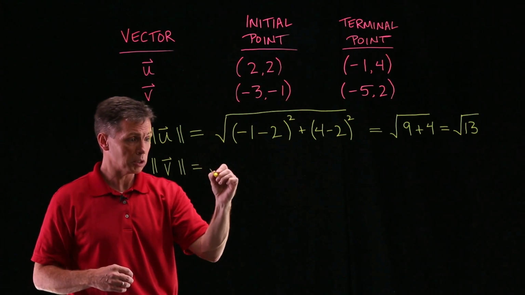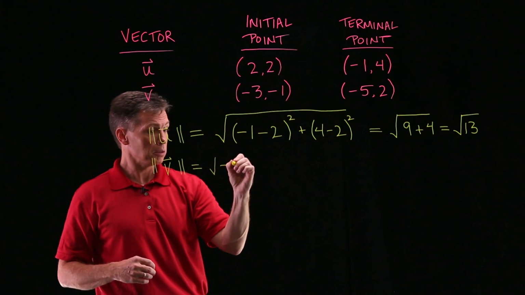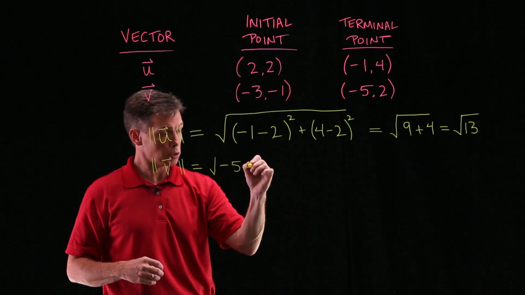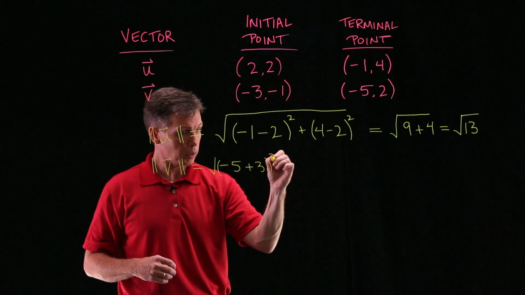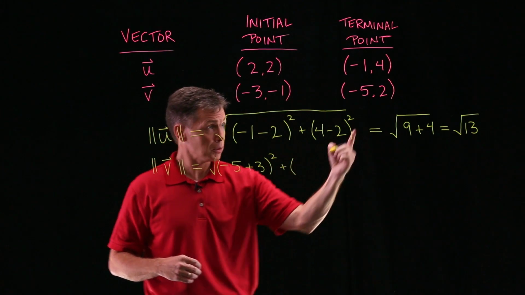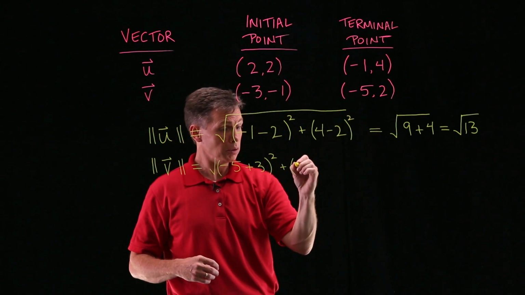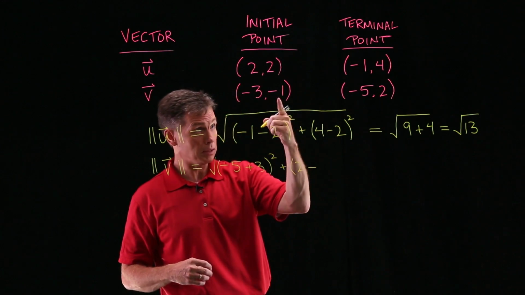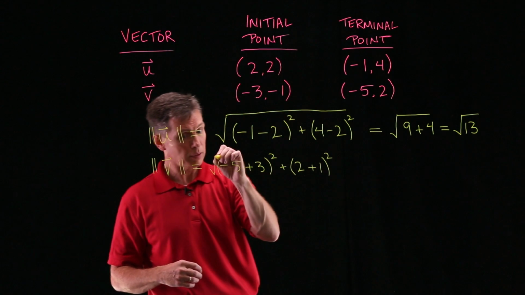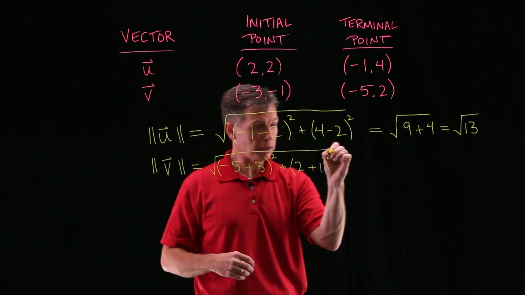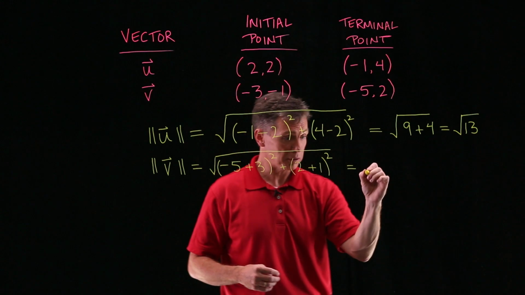So I'll do the same work, but for the v vector: minus 5, subtracting a negative 3, squaring that, plus the 2, subtract the negative 1, that'll be plus 1, squared, close that radical hat, and now do some arithmetic.